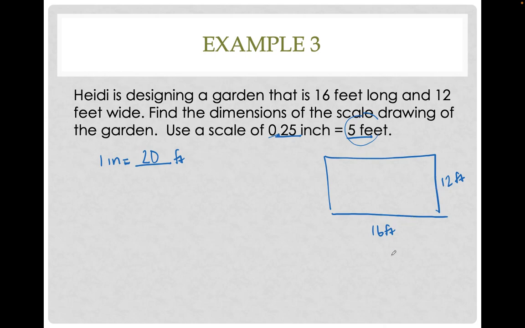To figure out what they would be, since we're going backwards from feet to inches, instead of multiplying by 20, we're going to divide each one of these by 20. So 16 divided by 20, that's 0.8 of an inch. This one is going to be 0.8 inches, and this one is going to be 0.6 inches.